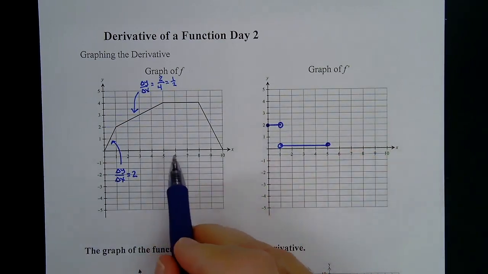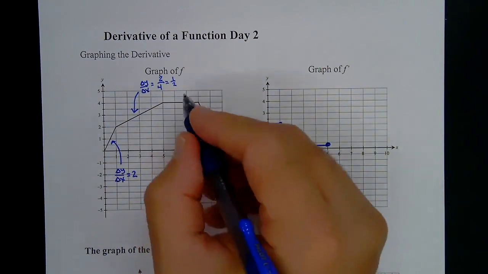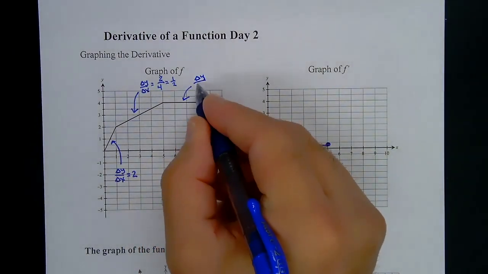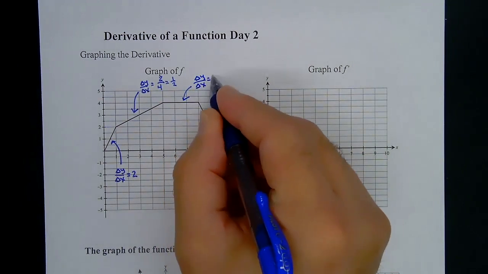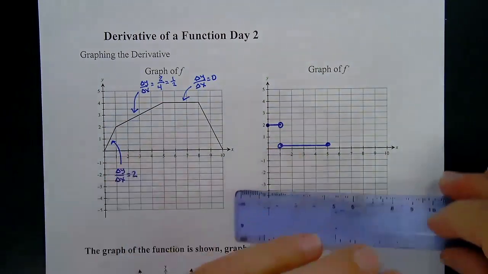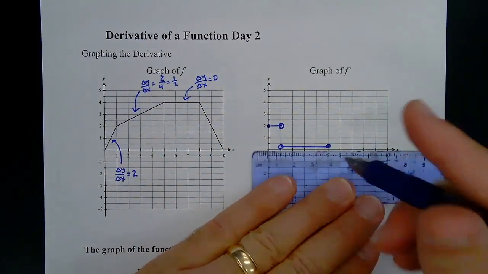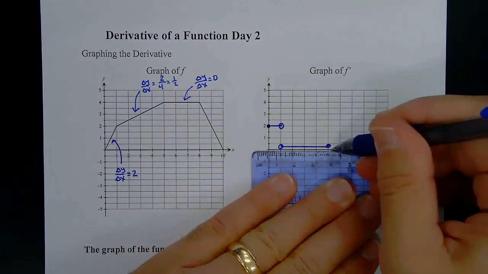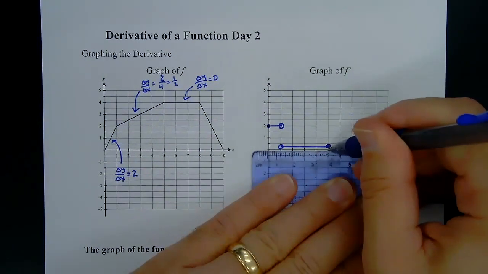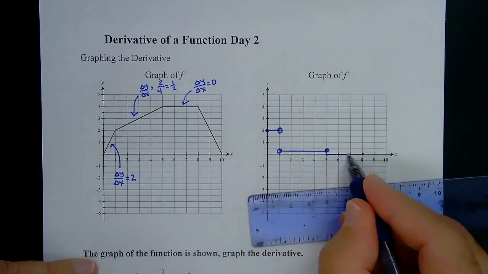And then from 5 to 8, my change in y over change in x is 0, because there's no change. So delta y over delta x is equal to 0, and that's going to happen from 5 to 8. So from 5 to 8, I'm going to lay my ruler right on top of the x-axis, right in here.